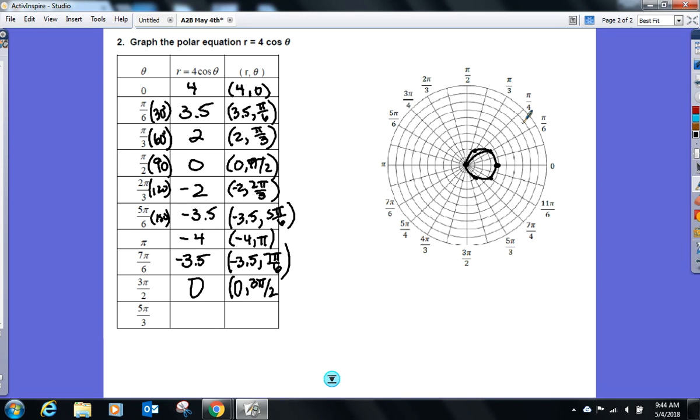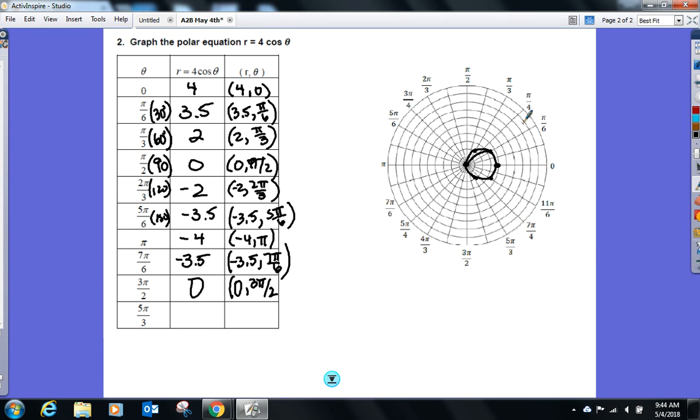Pi over 2 is 90. 90 times 3 would be 270. So you're doing 4 times the cosine of 270. We good? Okay, let's go.